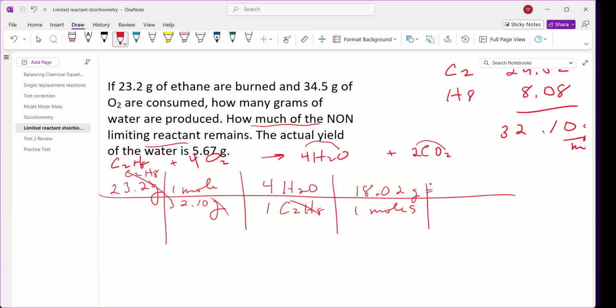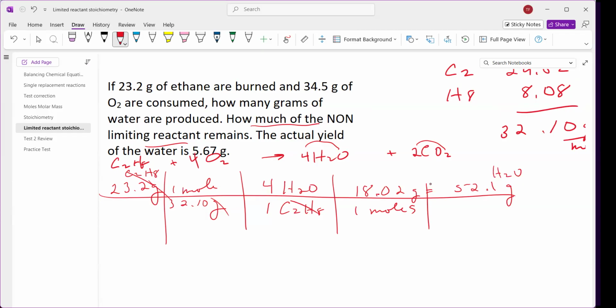Now this will give us grams of water produced. So that's looking at ethane only.